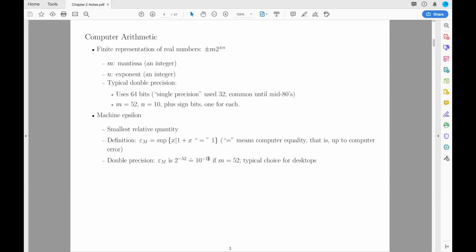What does that mean? That means that if you have some number x, which is within 10 to the minus 16 of 1, the computer can't tell the difference between 1 plus x and 1. Okay, if x is any number smaller than 10 to the minus 16, the computer thinks that 1 plus x equals 1. There is basically round off error.